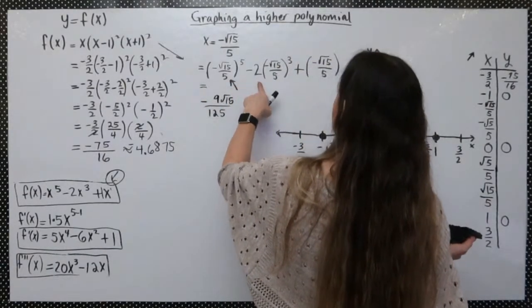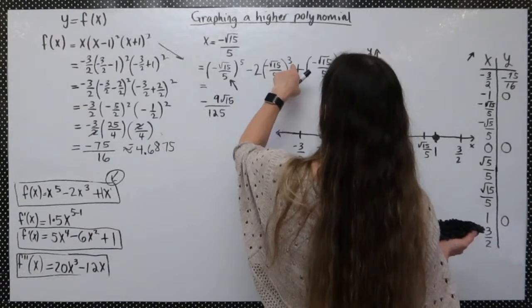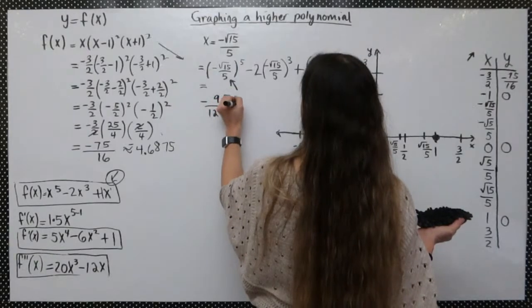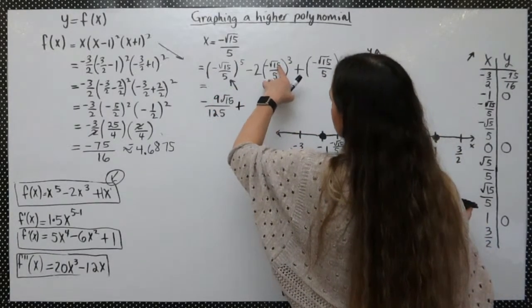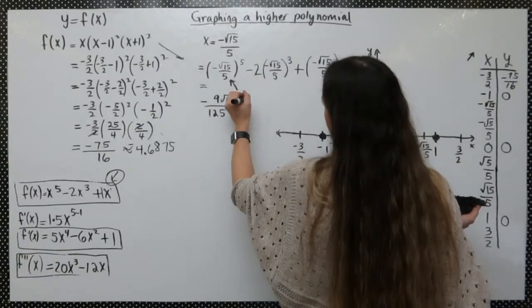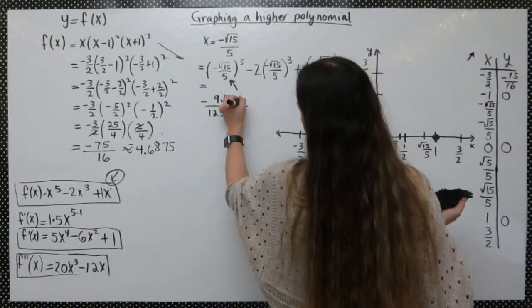And then this one is also going to be negative, but that's a negative, so we're going to say positive. And then this is going to be radical 15. We'll leave the 2 for now because I don't want to be skipping too many steps.